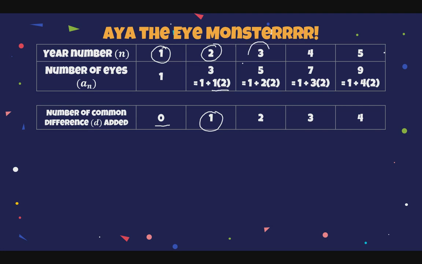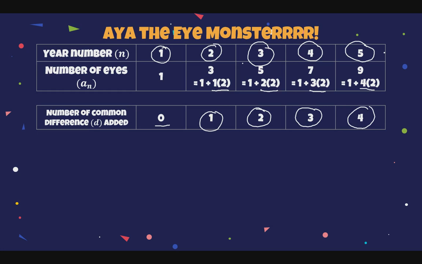On our third year, we added 2 common differences. That's why we have 2 here. On our fourth year, we added 3 common differences. That's why we have 3 here. And on our fifth year, we added 4 common differences.